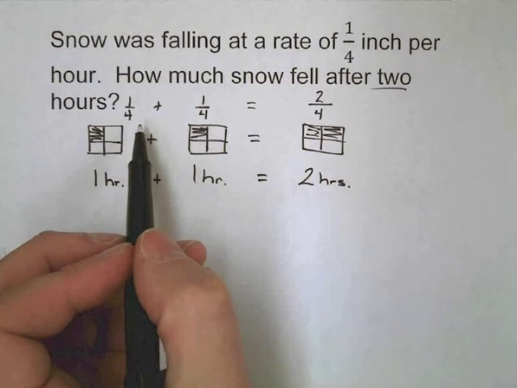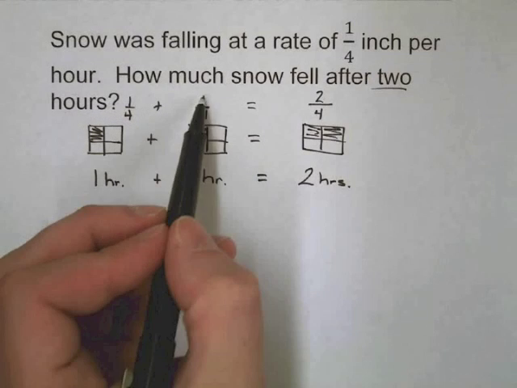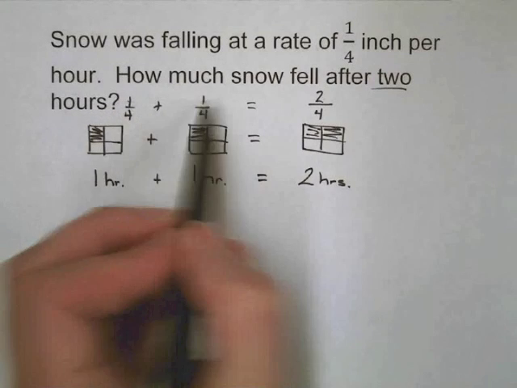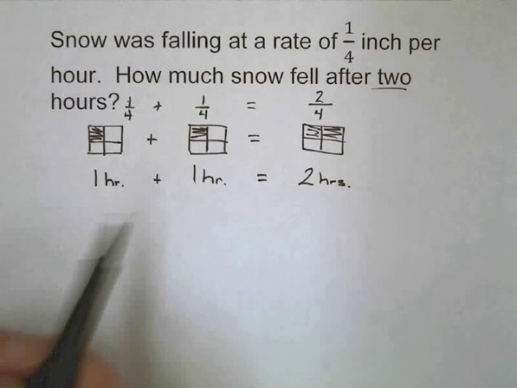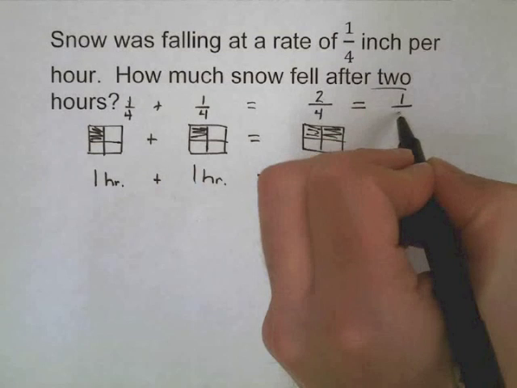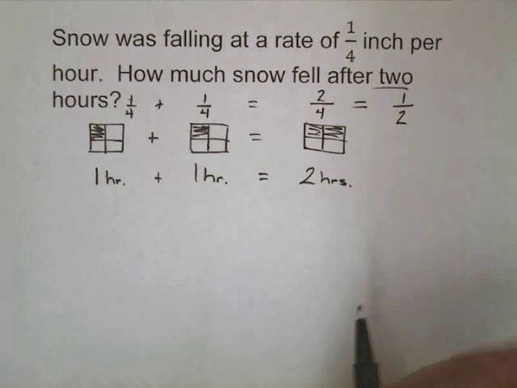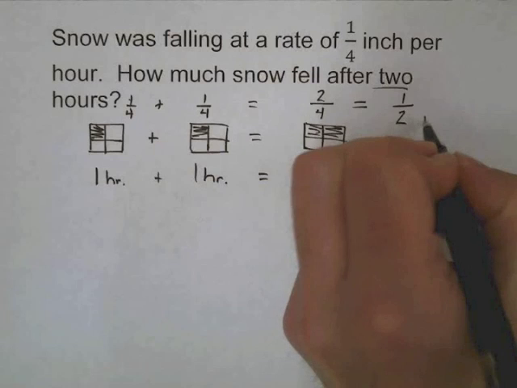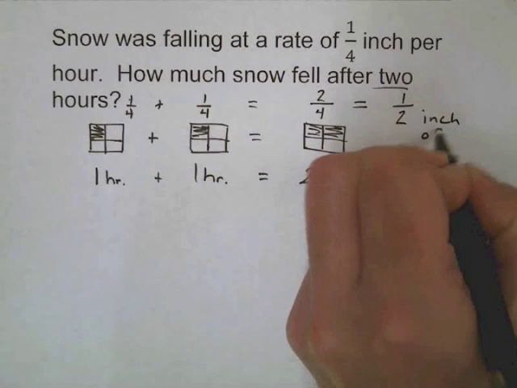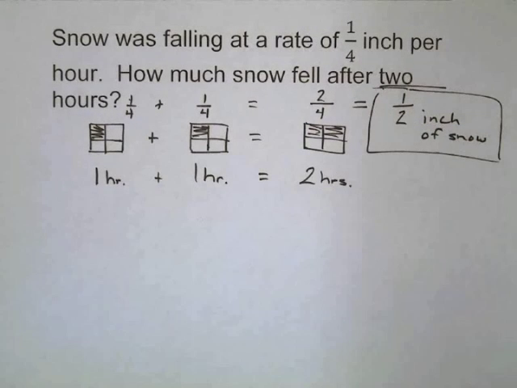And if I look up here, if I look at this as a number model, 1/4 plus 1/4 is 2 of those fourths. Now I can simplify that. I can reduce that down to 1/2, and that would probably be what I would do whenever I can simplify something. So 1/2 inch of snow would be the solution to that particular problem.